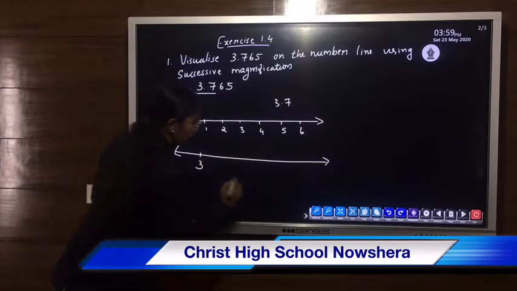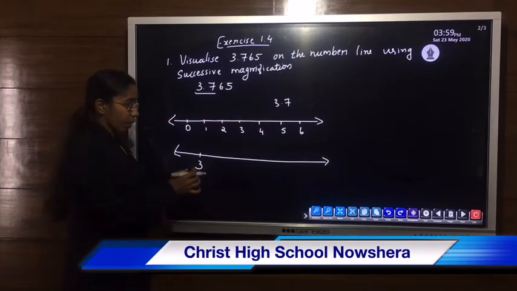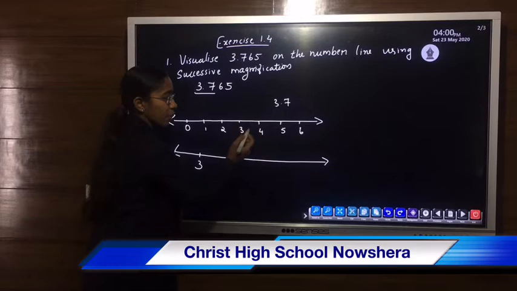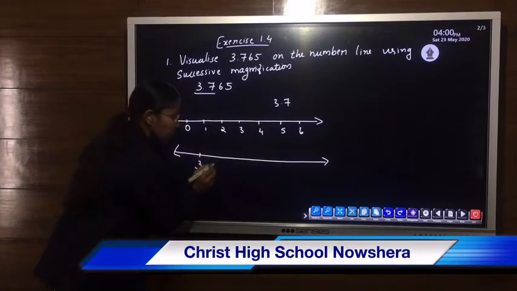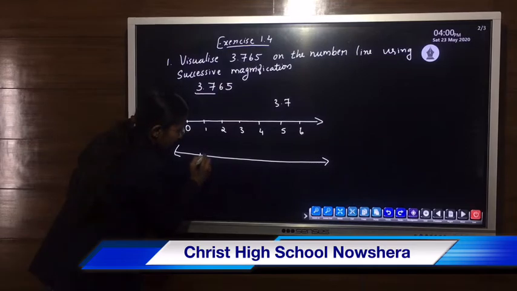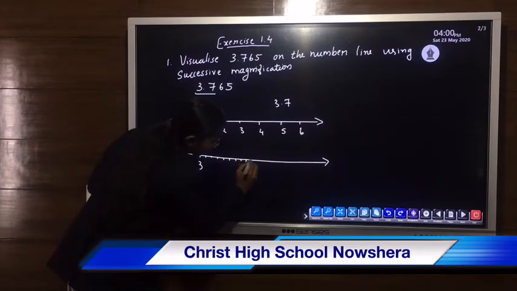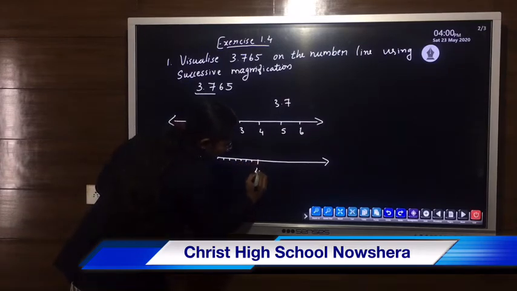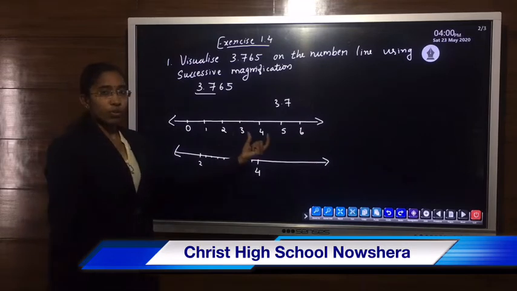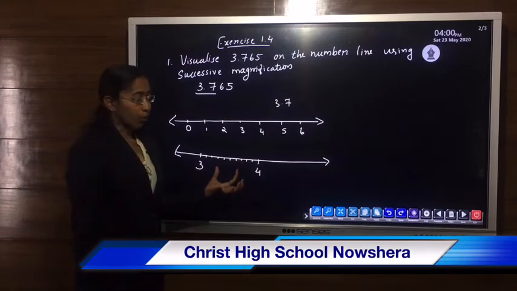Suppose this is 3. Then you divide in between 3 and 4 into 10 equal parts. Using a scale that is very easy. So here I am doing like this: 1, 2, 3, 4, 5, 6, 7, 8, 9. This is a close look at 3 and 4, and here I am dividing 3 and 4 into 10 equal parts.